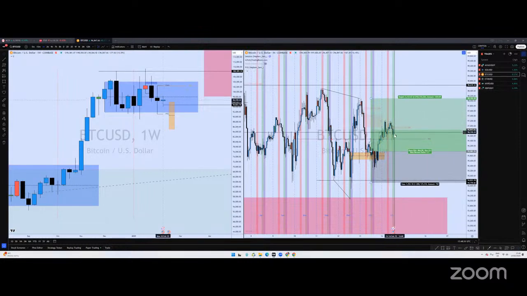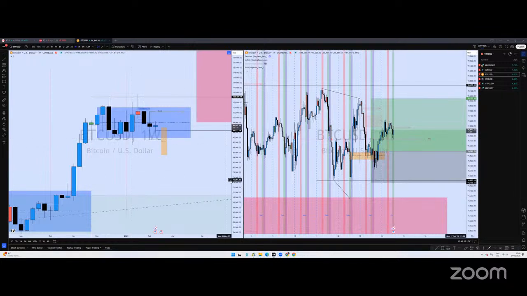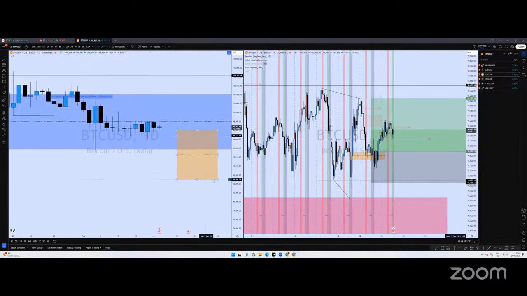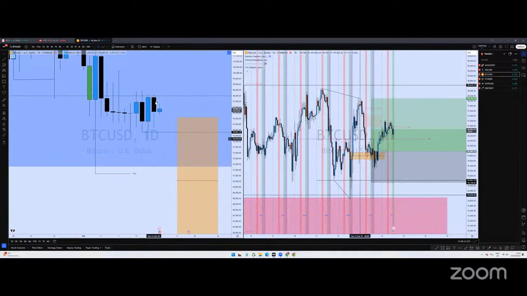So if Bitcoin starts running, then they are also going to run. And I think that should be the case based on what I'm seeing on the weekly and the daily. Weekly is supposed to go and attack at least the previous week high. Even the daily is supposed to go and attack the previous day's high.